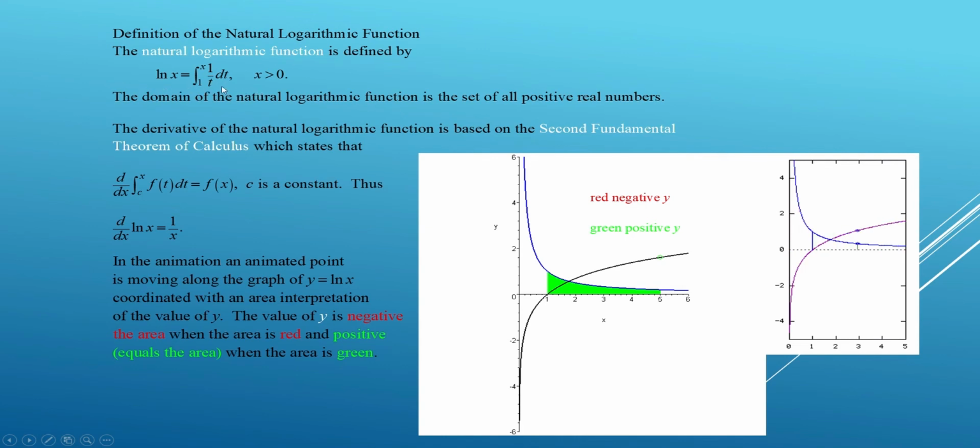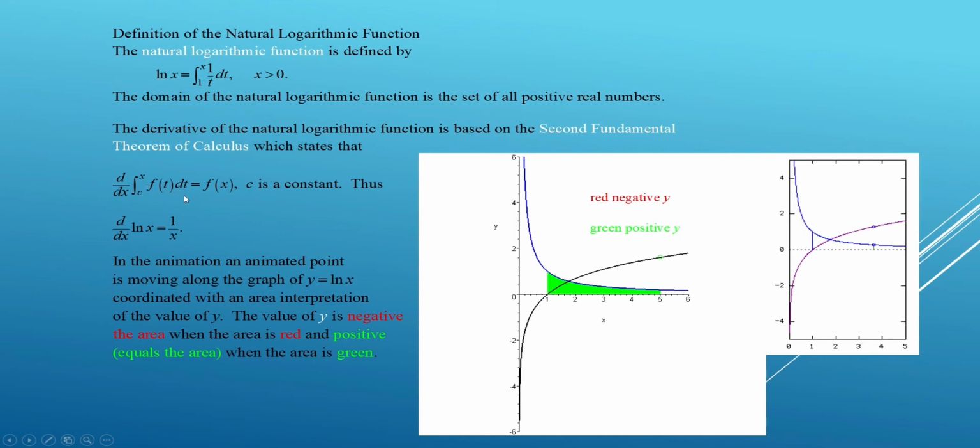Now, based on this definition, you can compute the derivative of the natural log function by using the second fundamental theorem of calculus. The second fundamental theorem says the derivative with respect to x of some function defined by an integral, where you're integrating from some constant to x, some function of t with respect to t, would just be, you replace the t in the function with x.